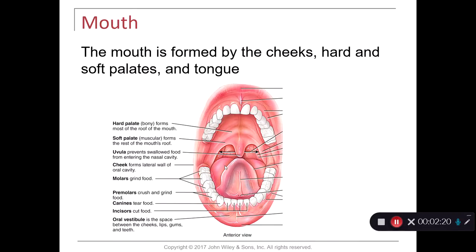Now, since I've mentioned teeth several times, I've mentioned molars, we should probably point out these different types of teeth really quick and their roles. So the very frontal, the most anterior teeth that you have are called incisors. You have 4 on the bottom, 4 on the top. This is usually used for cutting and slicing off and things like that.